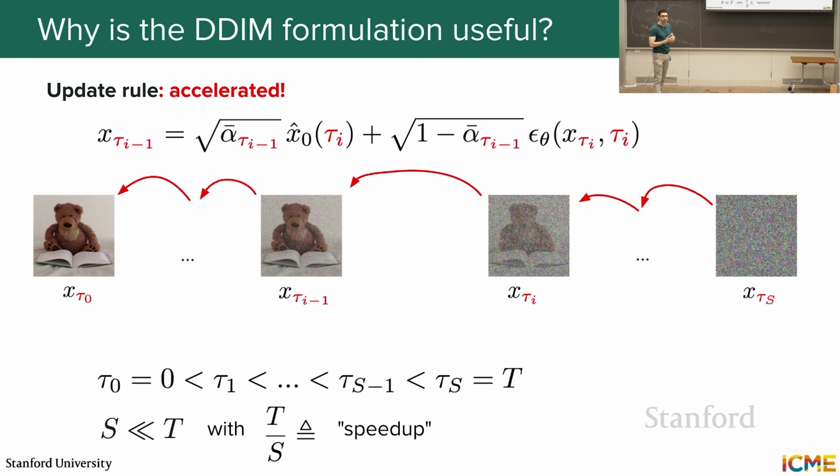And then here we define some concepts. So when I talked about the sequence of steps tau i's, the length of that sequence is S, so we call it S, and T over S is the effective speedup. So instead of spending T steps to generate a new sample, you spend S steps.